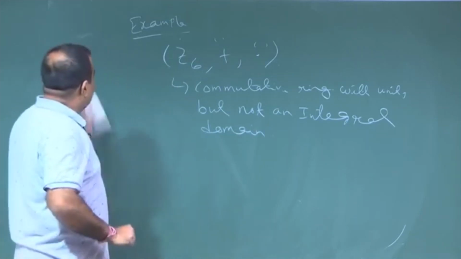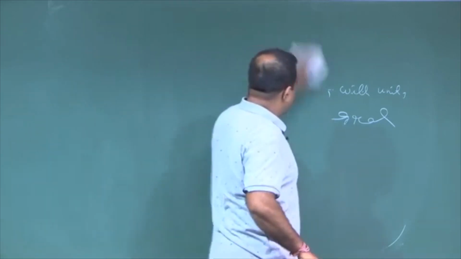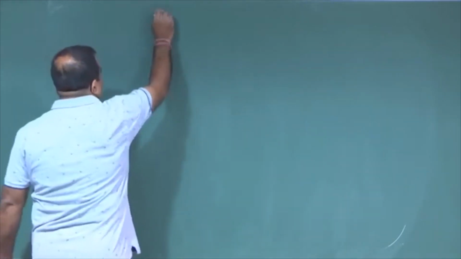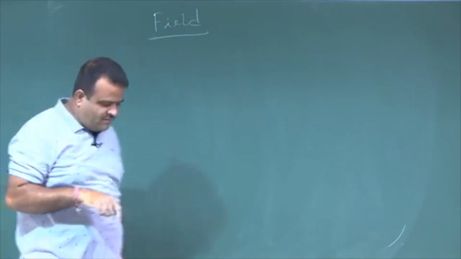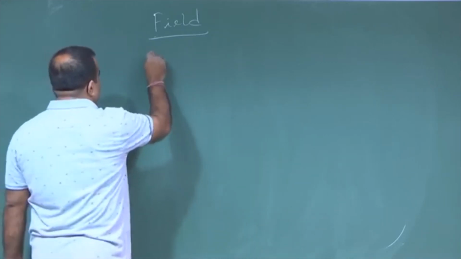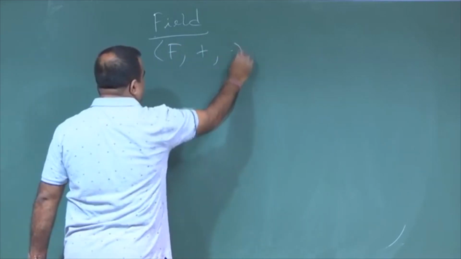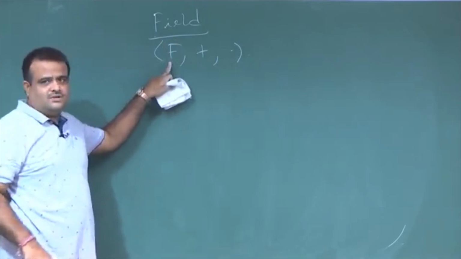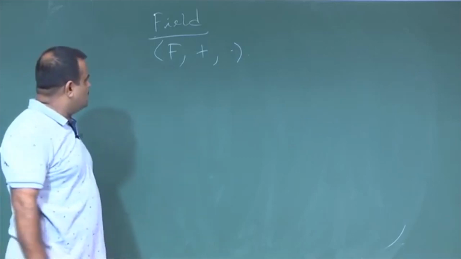Okay. So, now we define the field, which is another algebraic structure. Suppose this is a non-empty set F along with the two operators. Since it is a field, we denote the set by F. For ring we use the R notation, but for field we use this F notation.